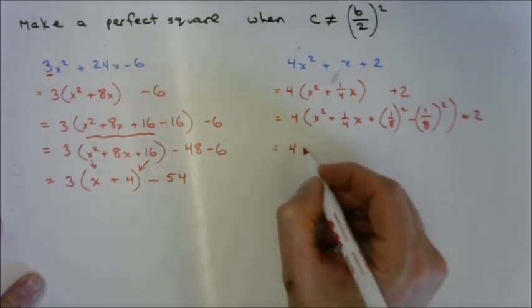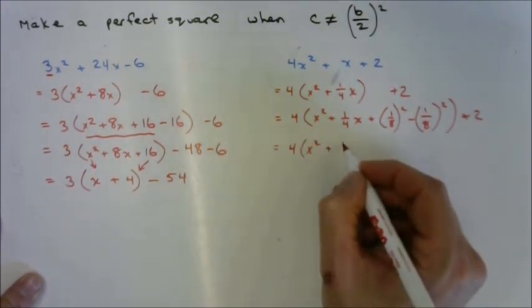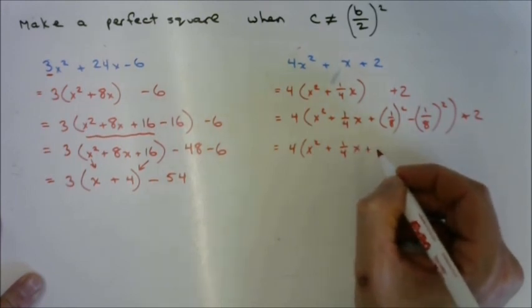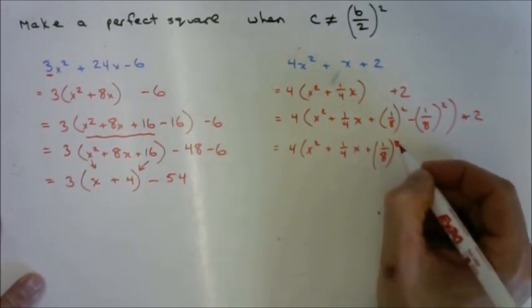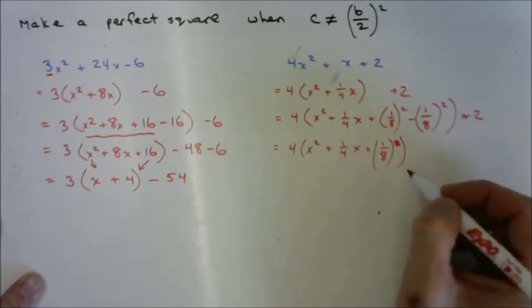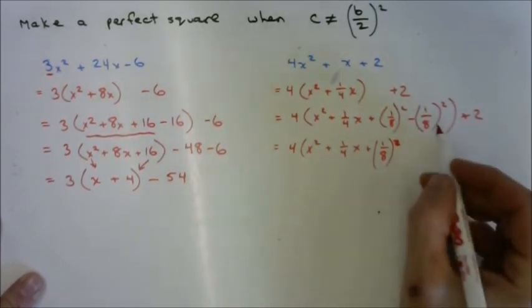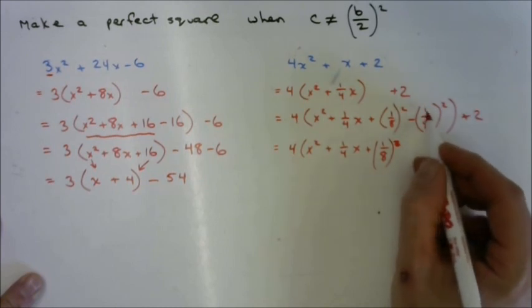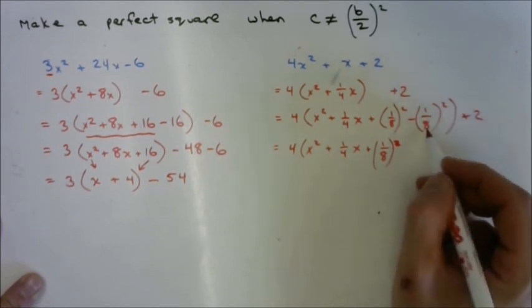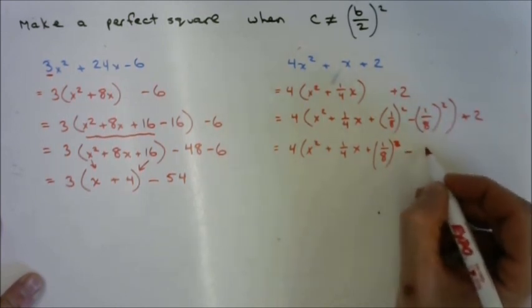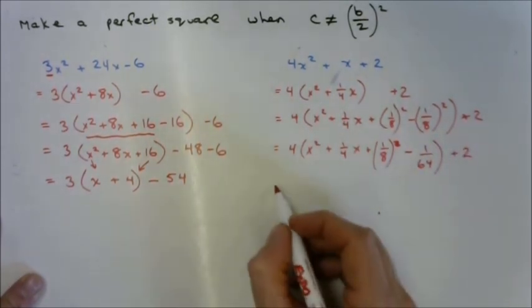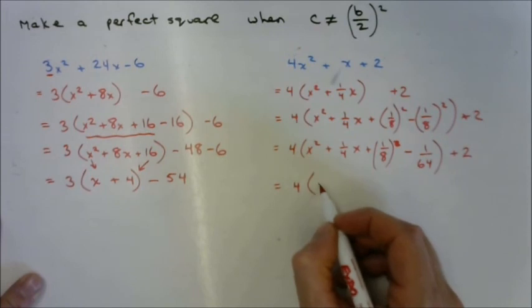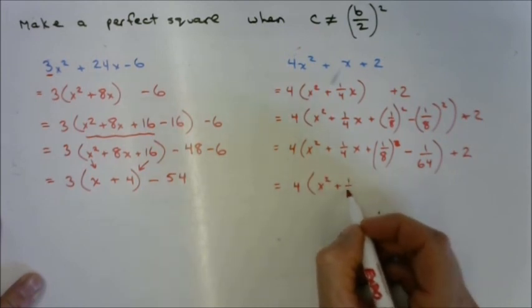I'm going to do one more step here to give myself something easier to look at. I'm going to leave this term, 1 over 8 squared, because it's going to help me when I write my binomial squared. But this term I'm going to actually expand. 1/8 squared is 1 over 8 times 1 over 8 is 1 over 64. Now I don't need that 1 over 64 for my perfect square trinomial.